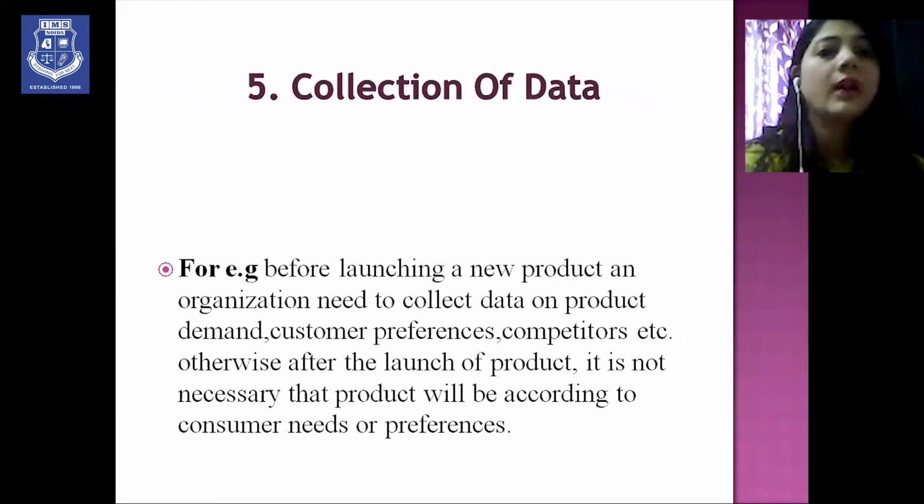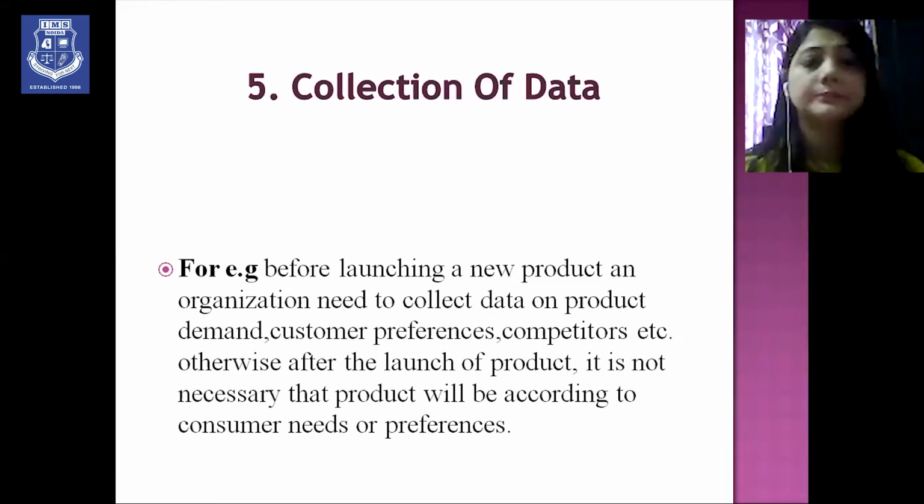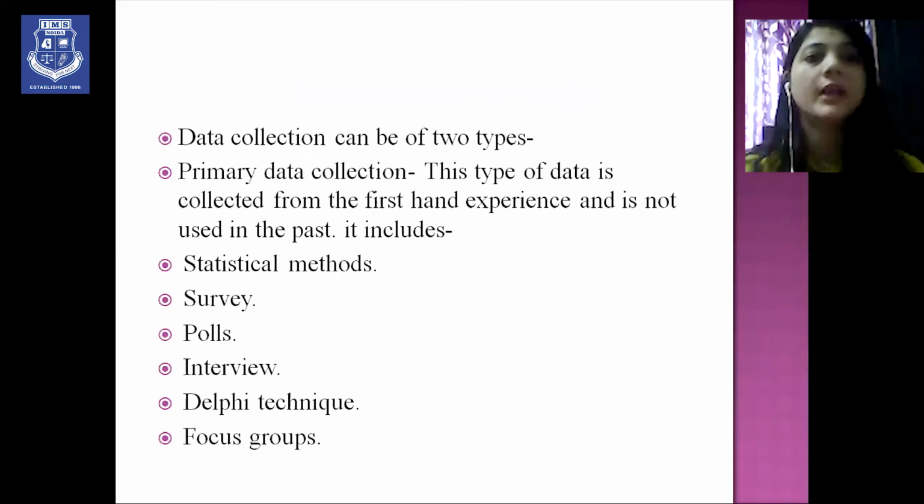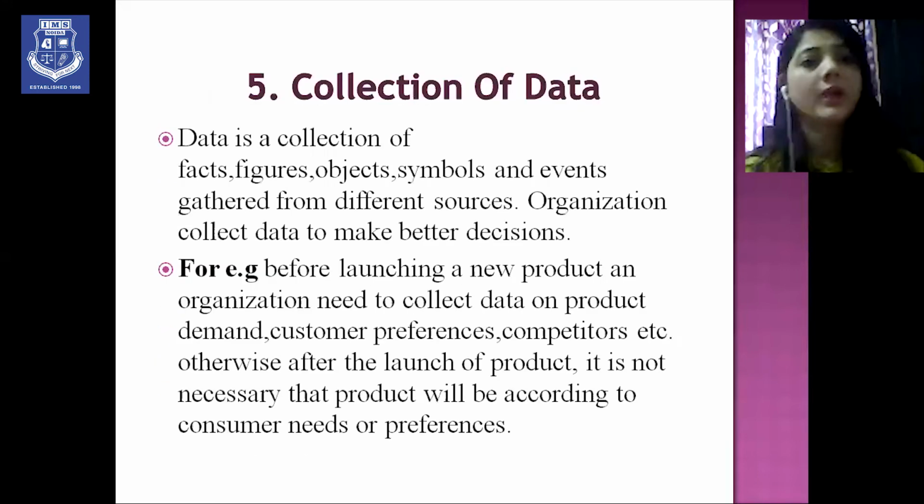After that, another step is collection of data. In this stage, researchers try to boost their research work and try to collect information from various available resources so that they can collect all the necessary information required for the research. Now, the data can be collected via two mediums.